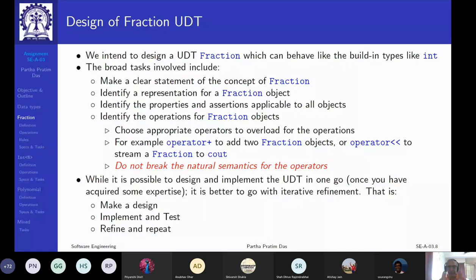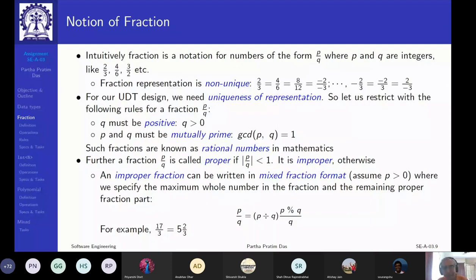So that's the whole idea that we are trying to inculcate. So the first thing is naturally the concept that we are trying to implement. You have to define the concept in a very crisp manner so that we can have a clear specification of what we want to do.